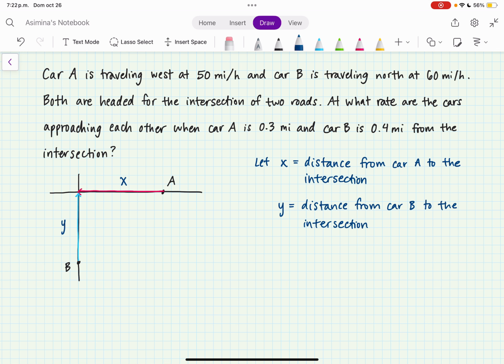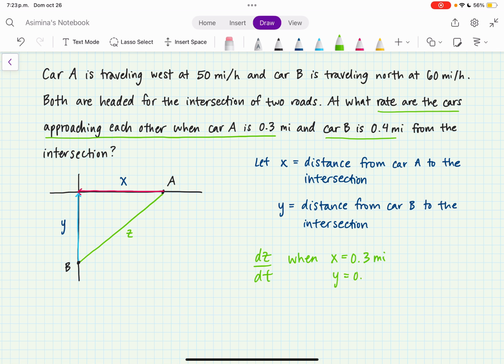And what is it that I want to find? I want to find at what rate are the cars approaching each other when car A is 0.3 miles and car B is 0.4 miles from the intersection. So we'll let this line between A and B be z, and so ultimately we want to find dz/dt when x is 0.3 miles and y is 0.4 miles. So this is what we want to find.